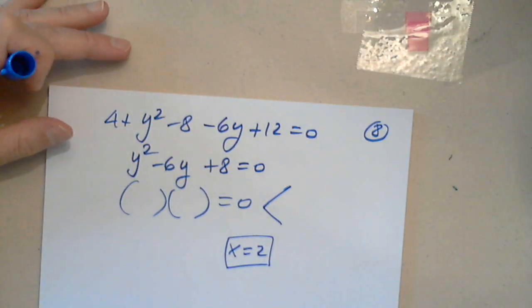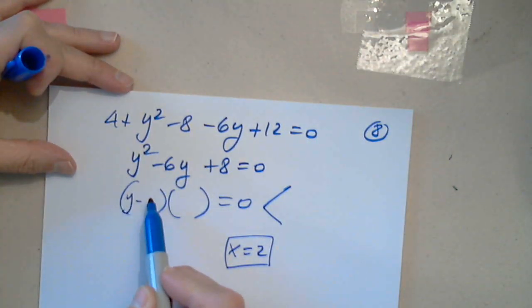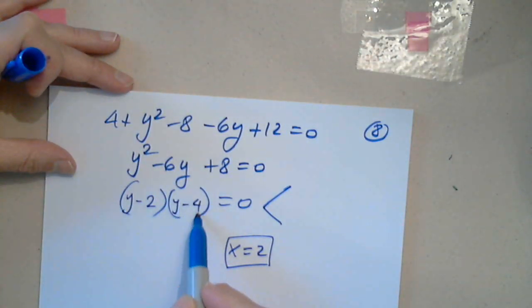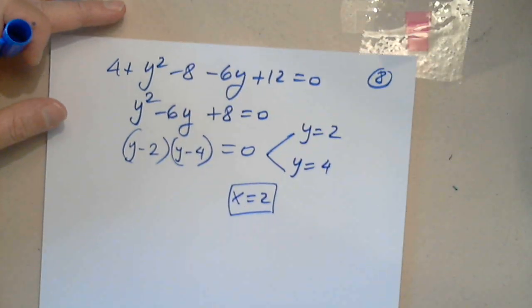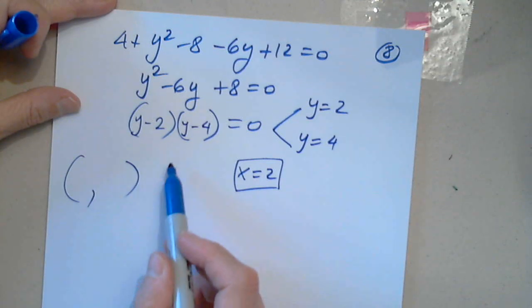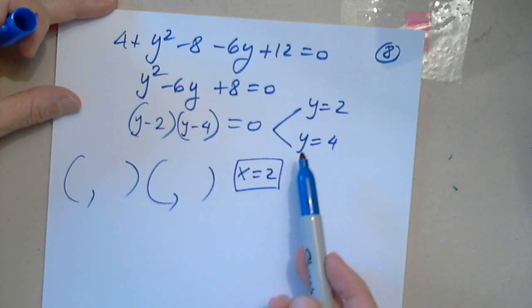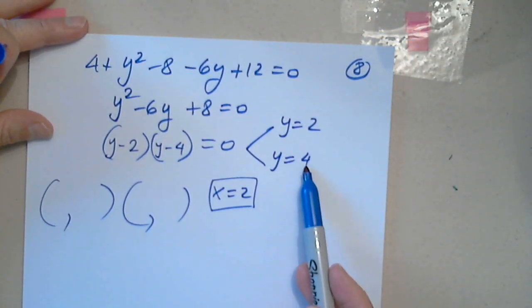How do we factor this? Into y minus 2 and y minus 4, so then y is 2 and y is 4. Therefore, the system has two solutions, 2, 2 and 2, 4.